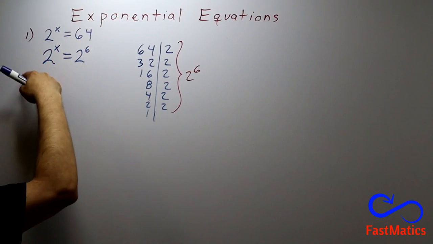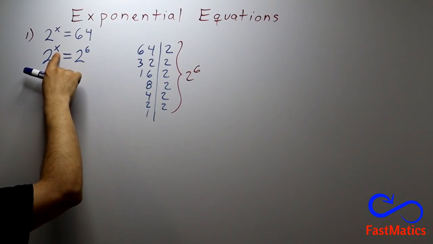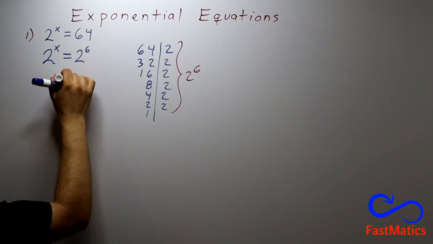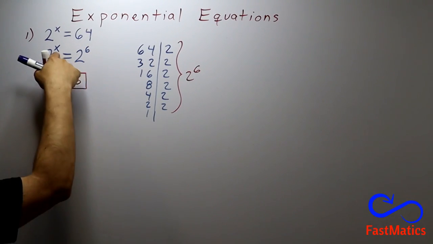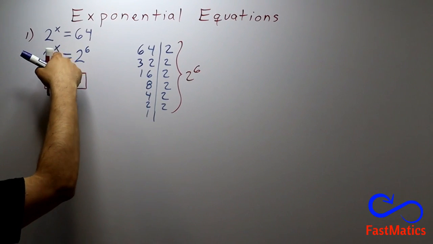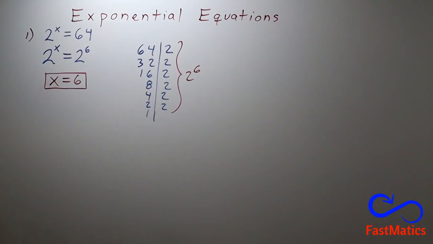To get a true expression, you need that this exponent will be equal to this exponent. Then x will be equal to 6. Because if you replace the x with a 6, you have 2 raised to the power of 6 equal to 2 raised to the power of 6. Very, very simple.